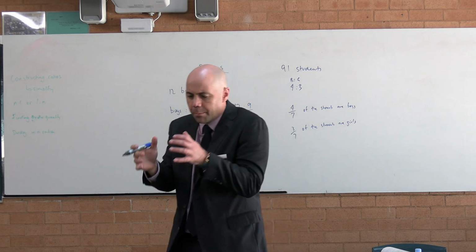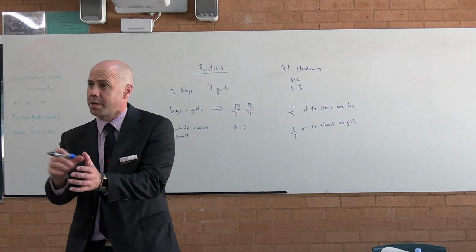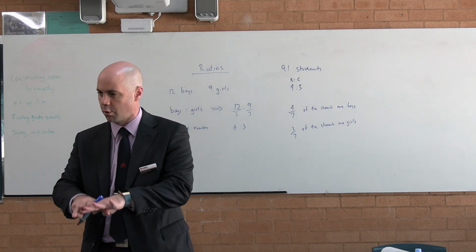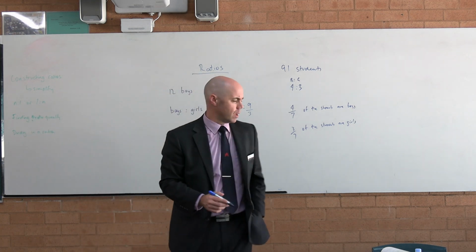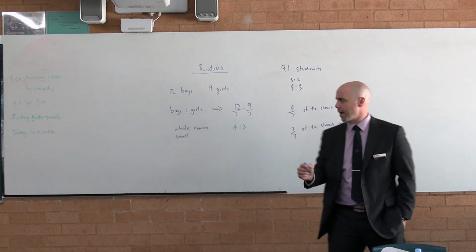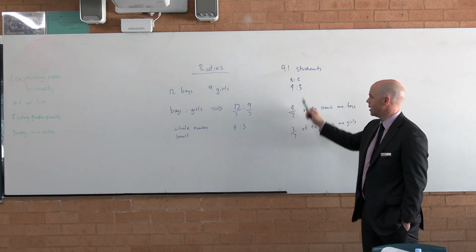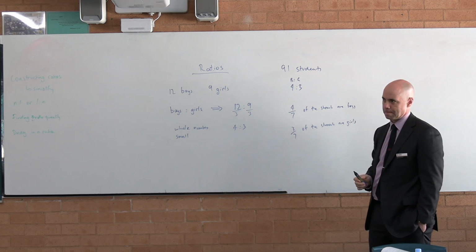If we boil down this whole group into the smallest size that could still represent the ratio properly, we'd get 4 boys and 3 girls together making a group of 7, and that group would represent the whole. And so these fractions become the way that we can figure out how many boys and how many girls are in this whole big group.